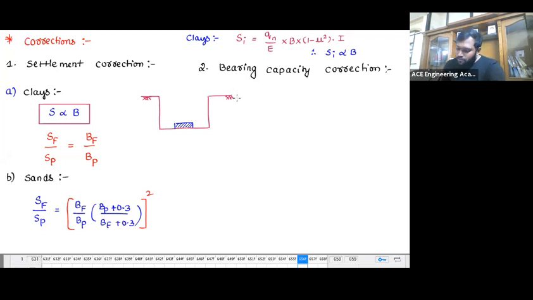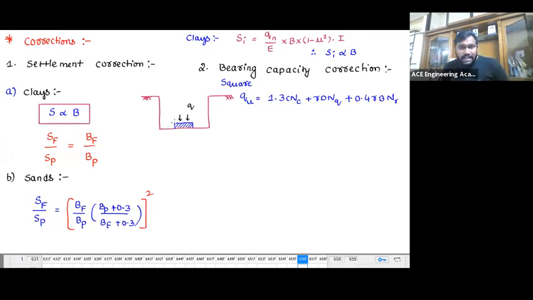Now, from Terzaghi, what is the ultimate bearing capacity, as it is a square plate? qu = 1.3 c Nc + gamma D Nq + 0.4 gamma B N gamma. Yes or no? Here I am applying this load Q.